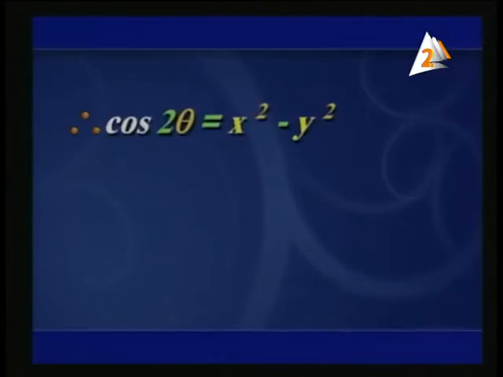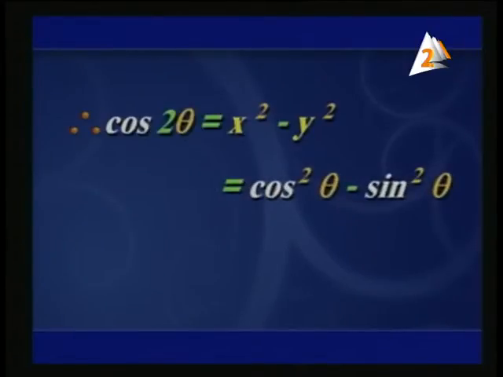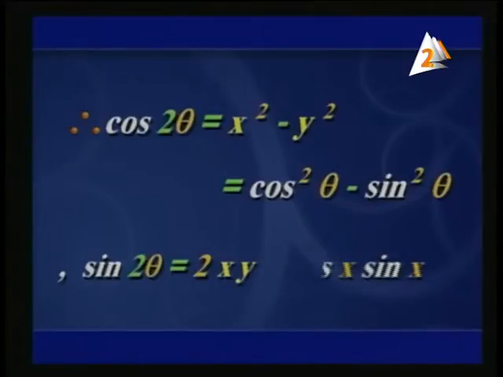Therefore, cosine 2 theta equals x squared minus y squared equals cosine squared theta minus sine squared theta, and sine 2 theta equals 2xy equals 2 cosine theta sine theta.